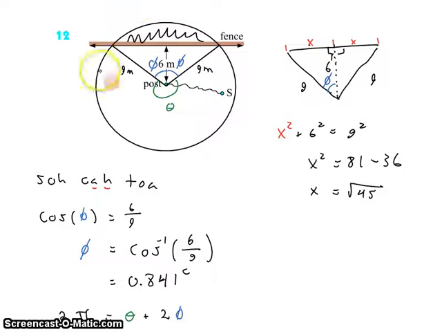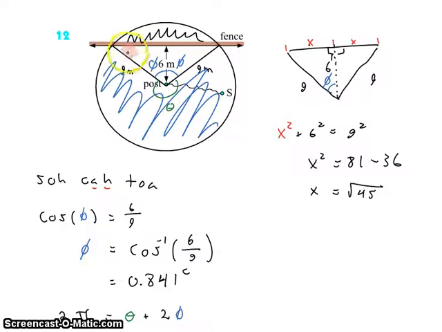Alright, that's all the information we need to finally start looking for what we want, and that's the area here in blue plus the area here in green. That's the total area. So let's start with the area in green first. The area in green is going to be the sum of the areas of these two triangles. There's 2 of them, and the area of a triangle is 1/2 base times height.